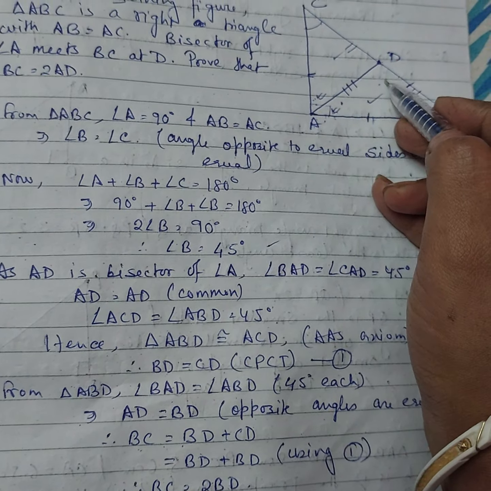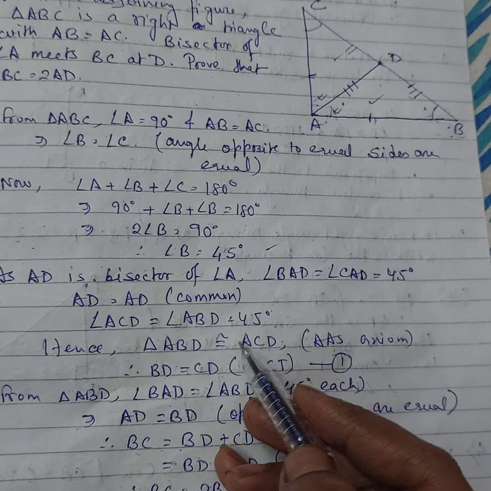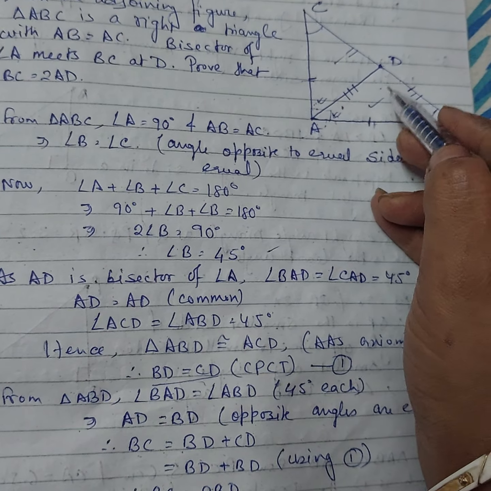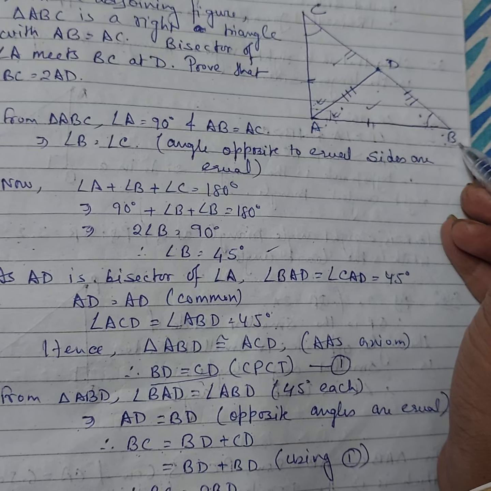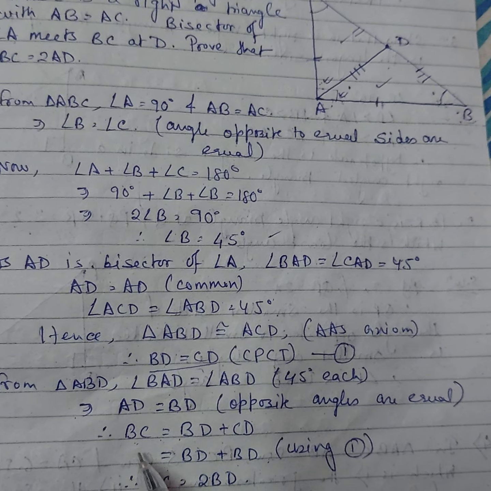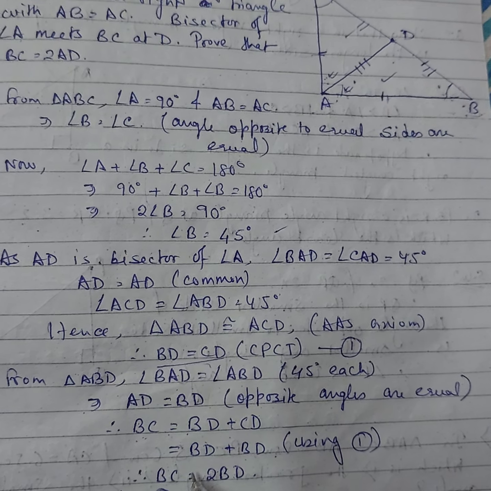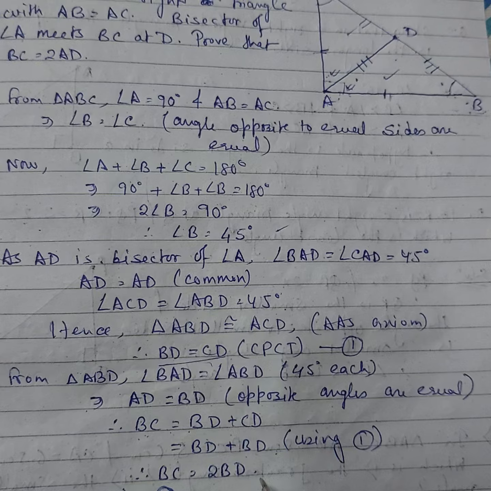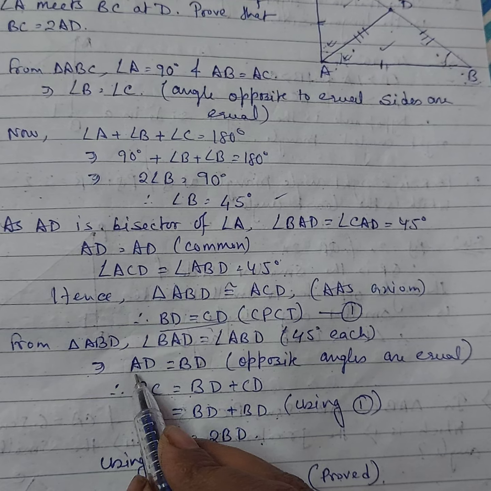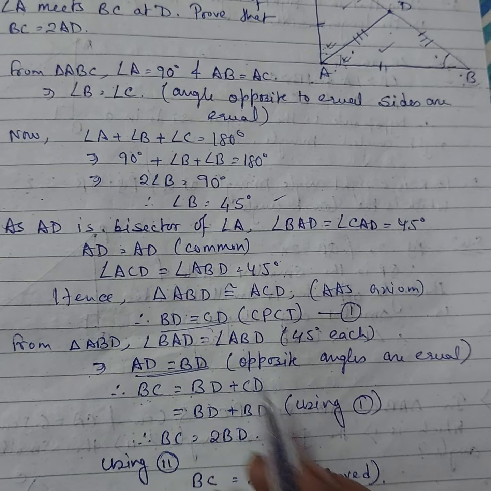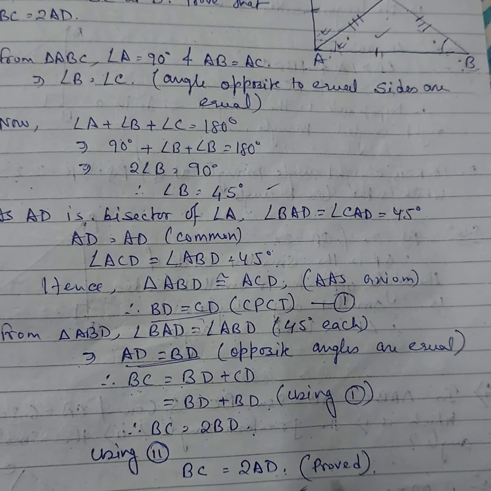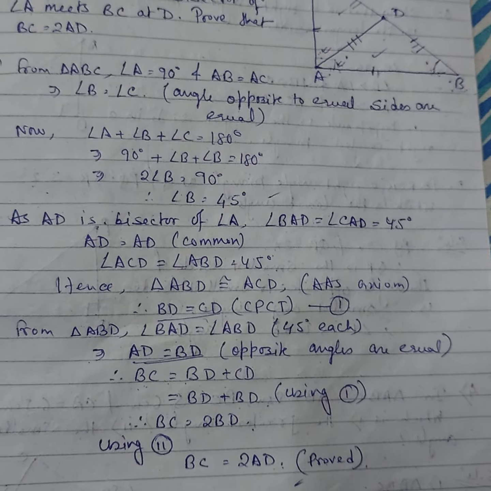We have already proved CD is equal to BD. So in place of CD we can write BD. So we get BC is equal to 2BD. Okay. Again we have proved over here BD is equal to AD. That means you can write BC is equal to 2AD. So this is proved. Hope you can understand this part.